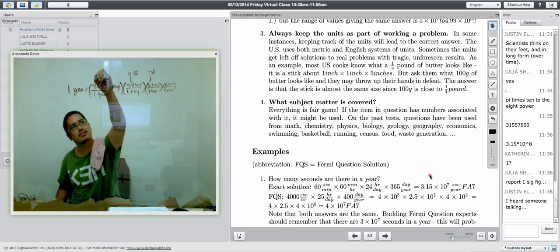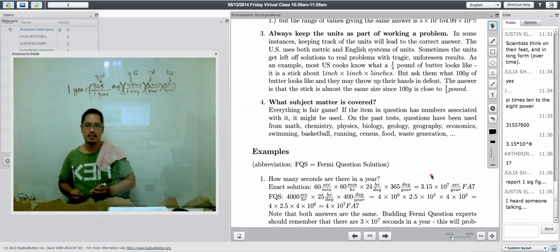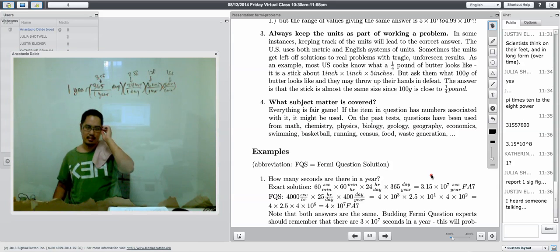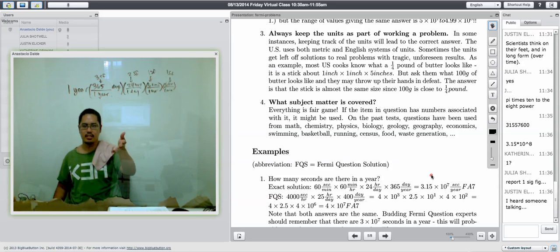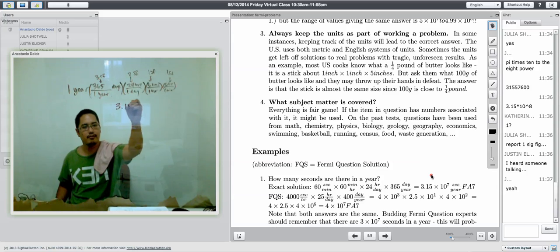This number has 3 sig figs. This number has 1 sig fig. So why would I report my answer as having 3 significant figures in the end? Do you guys understand the question? What I'm asking is why would my answer be 3.15 times 10 to the 7th, I believe.